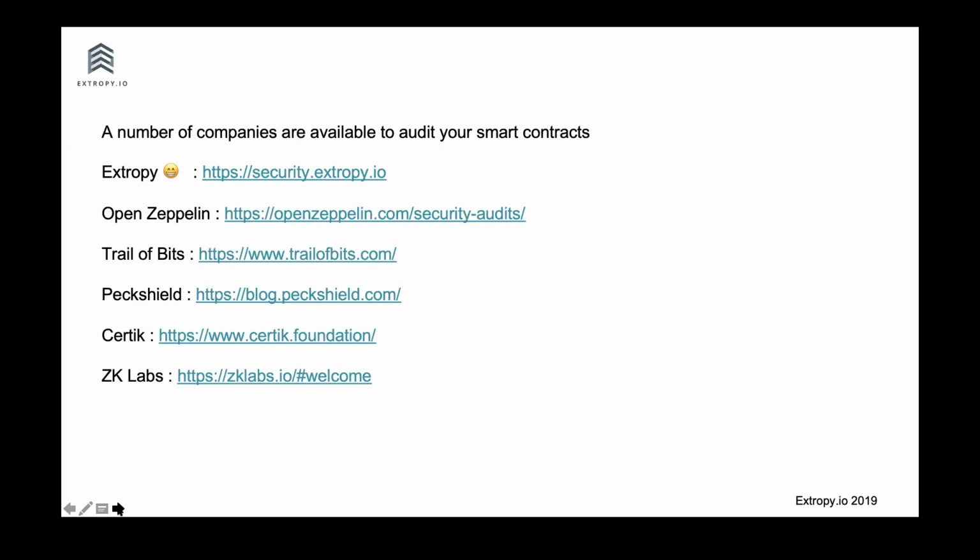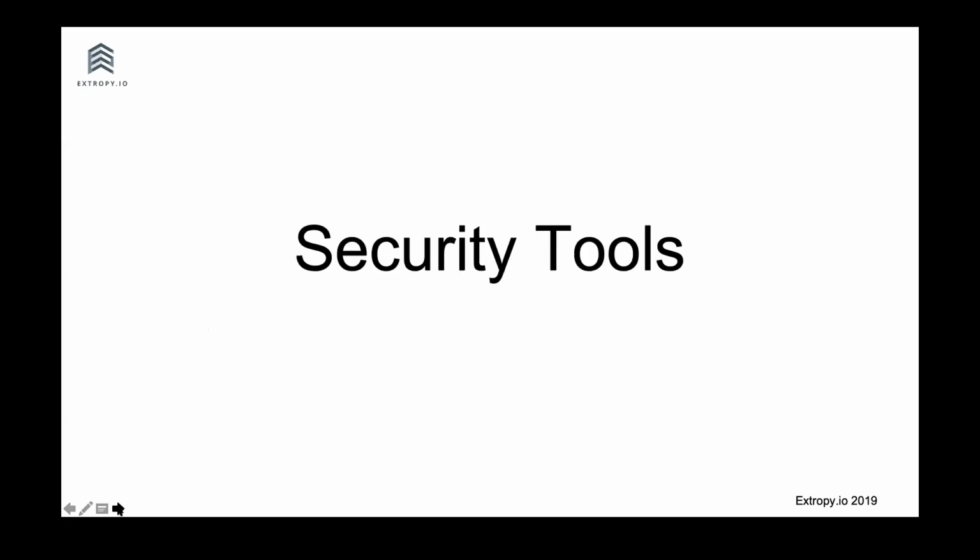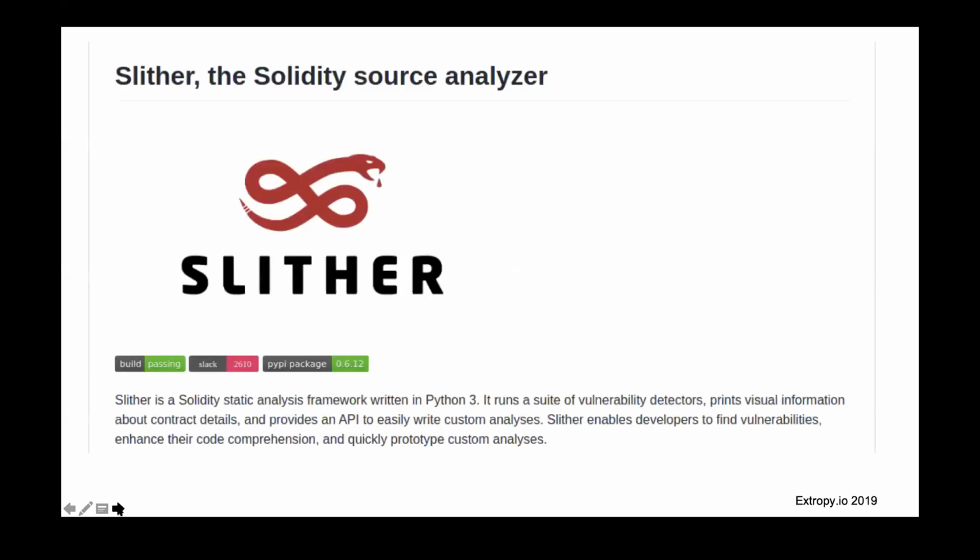It's always better to get an extra pair of eyes on the code that you've written. To help you as well when you've written your contract, there are some really good tools that you can use. Trail of Bits do some great ones. For example, this is one for static analysis that you can use to check over your code: Slither.